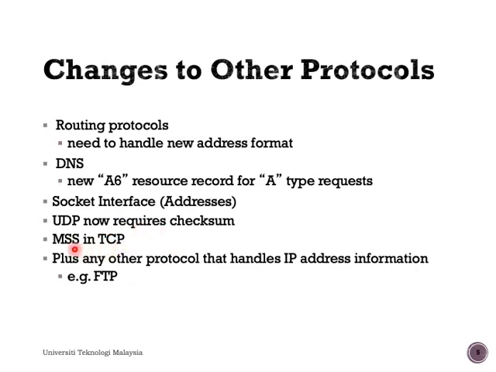The maximum segment size in TCP also needs to be recalculated, taking into account the maximum packet size of IPv6. Any other protocols that handle IP address information, such as FTP, also need to be changed based on the IPv6 address.